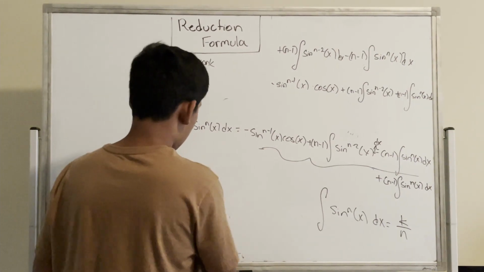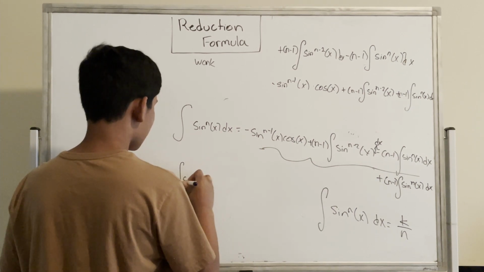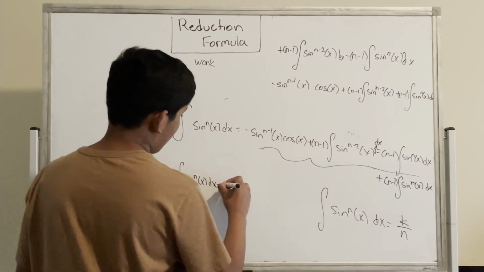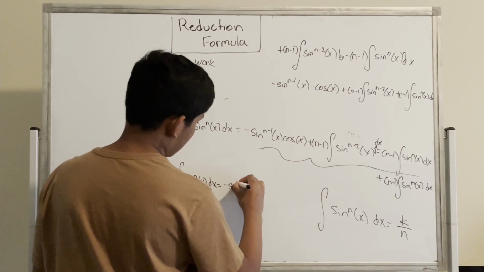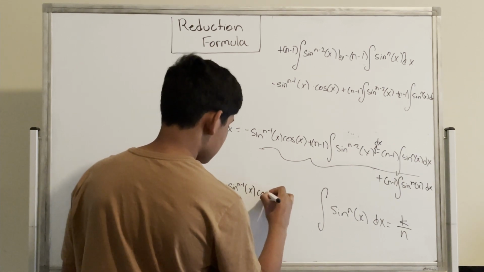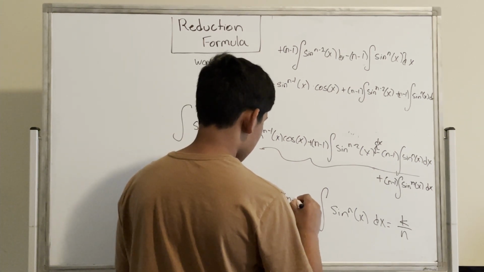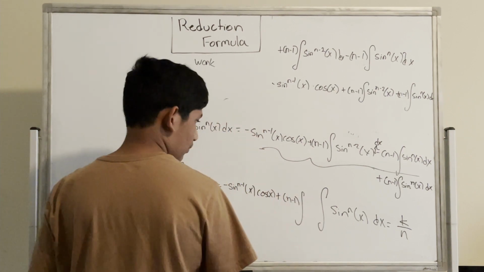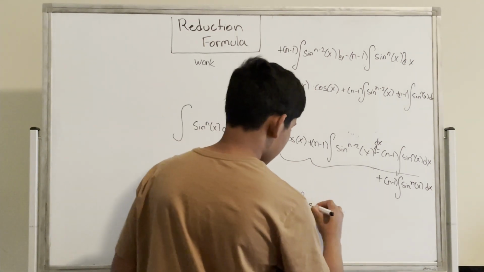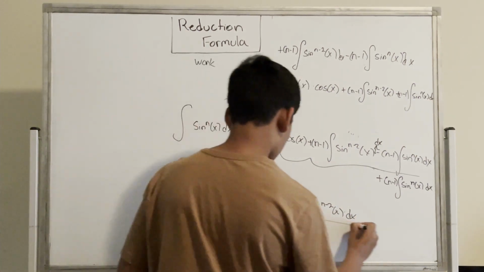So, as you can see over here, the reduction formula is: the integral of sine n x dx is equal to minus sine n minus 1 x cosine x plus n minus 1 times the integral of sine n minus 2 x dx, all over n.